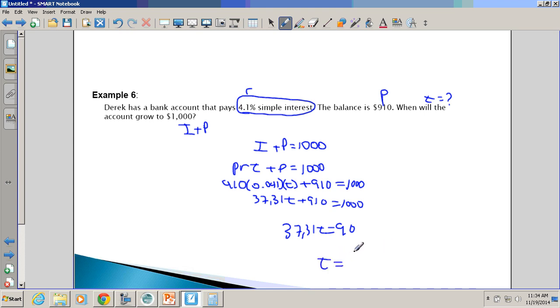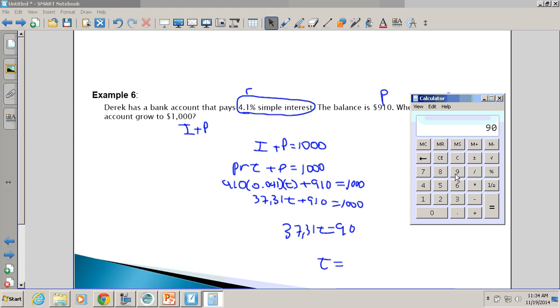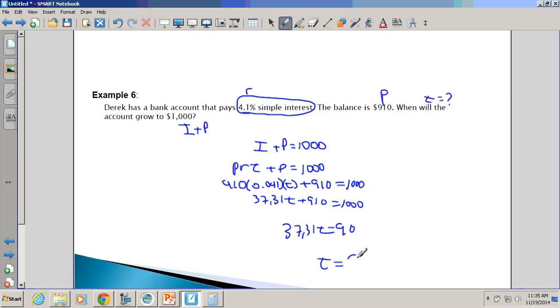I'm not writing these steps in the middle, so make sure you're listening. 90 divided by 37.31. And I get 2.412 repeated. Which doesn't make sense to repeat a fraction of the time. So it says, when will the account grow to 1,000? Well, in 2 years, it won't quite be 1,000.